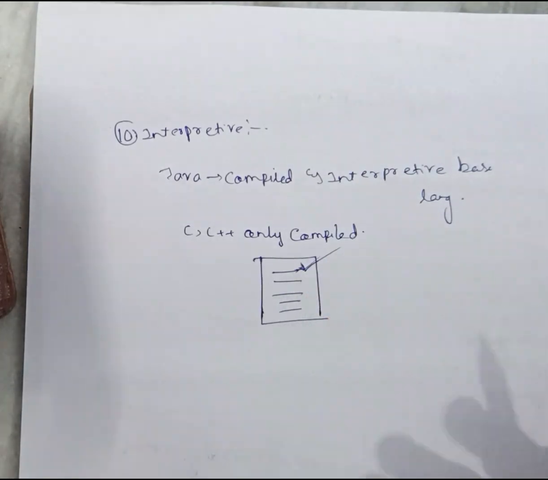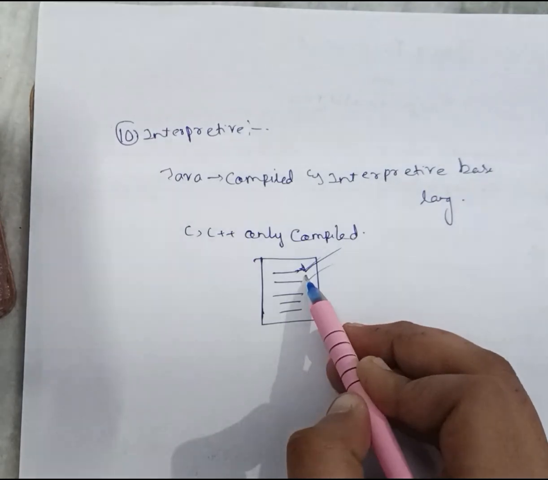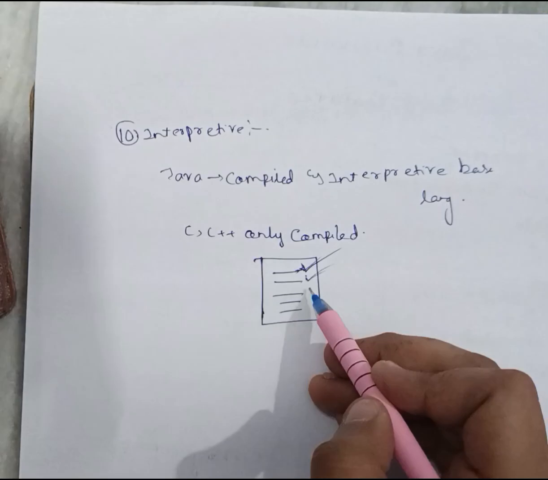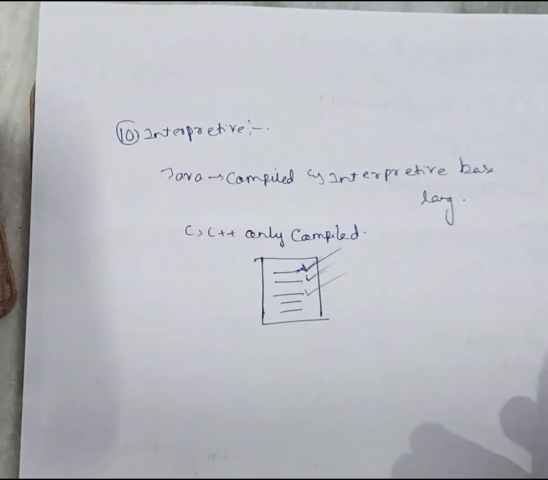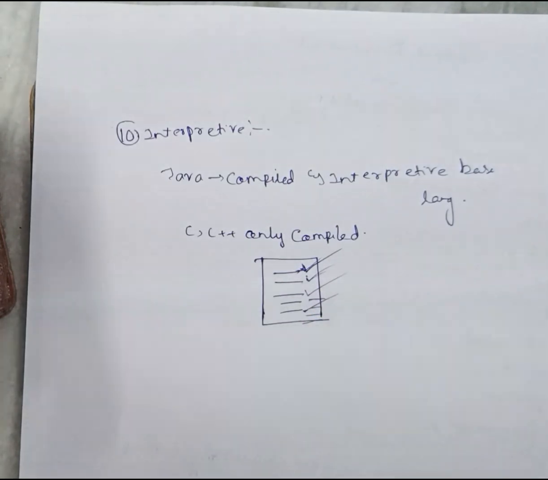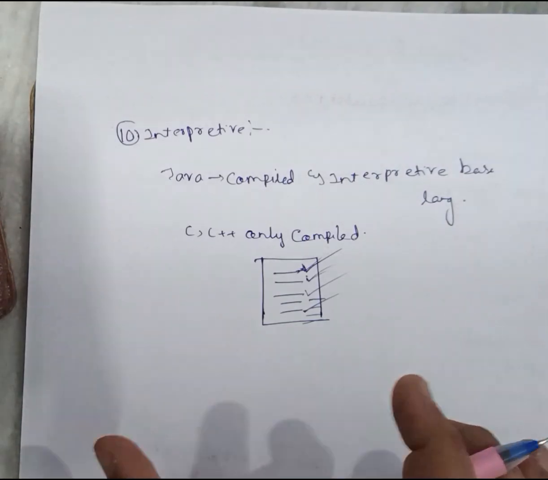Then the second line, again the JVM accepts it and executes it. Again the JVM accepts the third line and executes it also, and so on until the fifth line. That is why it is known as interpretive: line by line execution is done. This is the reason it is interpretive.